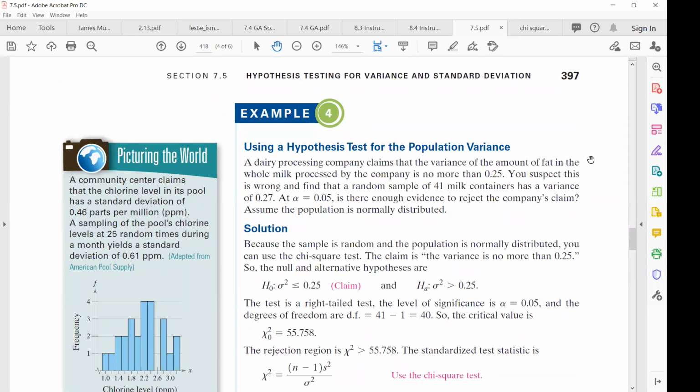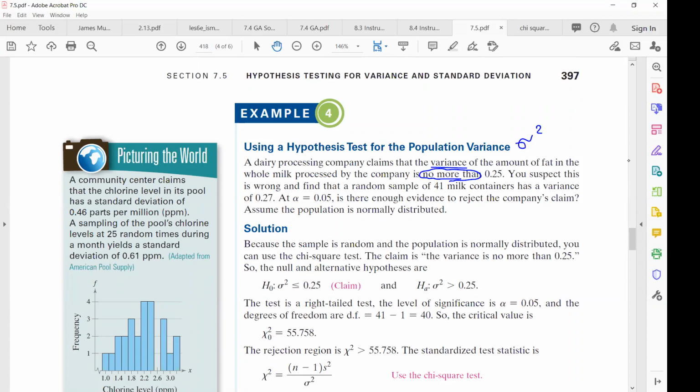Example, using a hypothesis test for population variance, sigma squared. So suppose you have a company that claims that the variance of the amount of fat in the whole milk processed by the company is no more than 0.25.